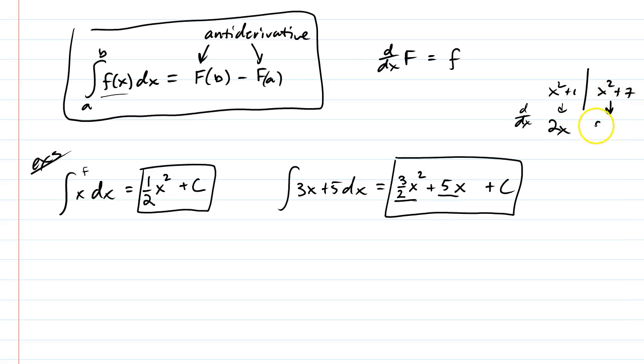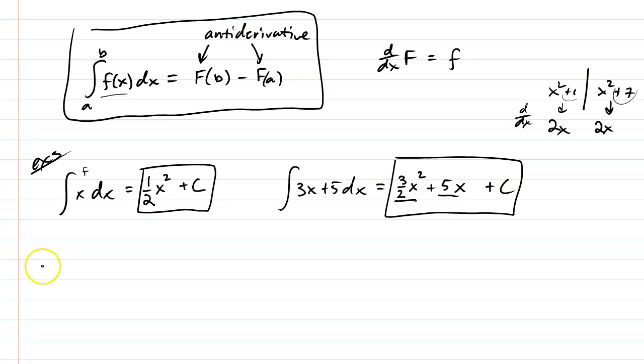Over here you would just get 2x. So one thing to keep in mind is that when you do a derivative, you actually lose information back here. There was a number that just dropped when you did a derivative. So if we were to go back and we want to go a level up, we recognize there's always going to be a number that was dropped. And so we put a plus c at the end.